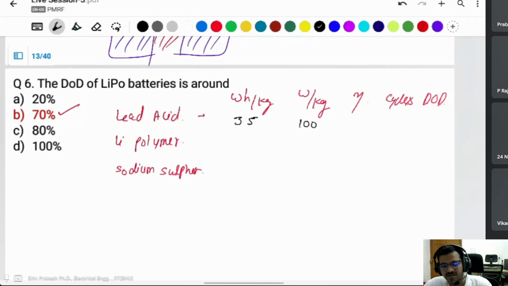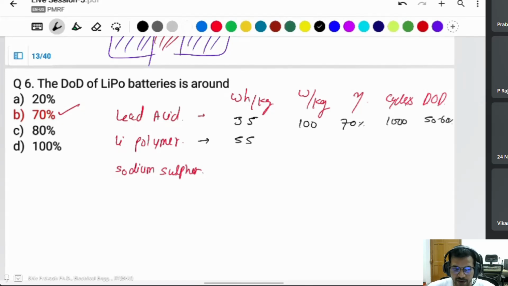The efficiency of this one is approximately 60 to 70%. Cycle is 1000 maximum. DOD is 50 to 60%. Lithium polymer has 55 watt hour per kg.